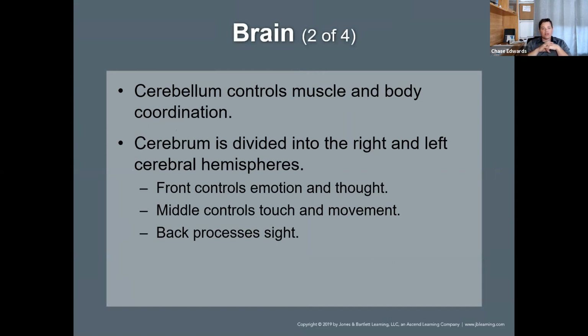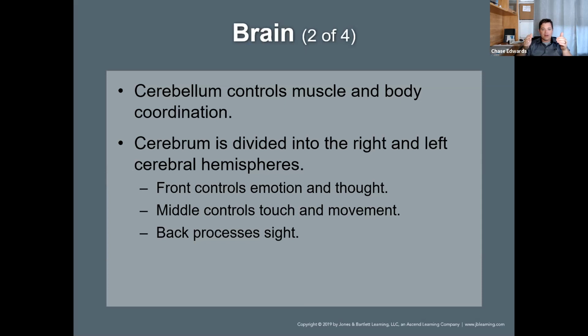The cerebellum controls muscle and body coordination. It's responsible for coordinating complex tasks that involve voluntary movement of muscles such as walking, writing, and even playing the piano. The cerebrum is located above the cerebellum and is divided down the middle into right and left cerebral hemispheres.